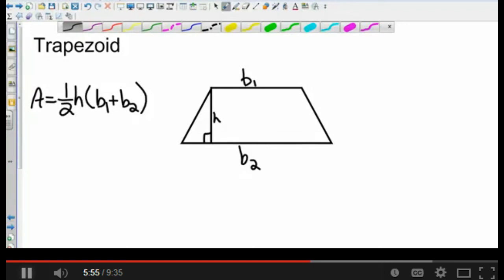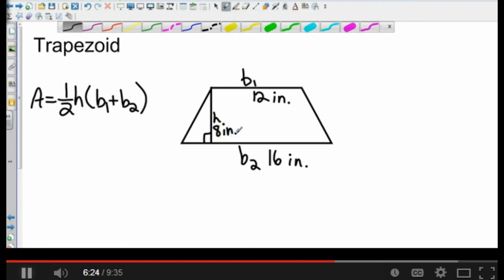Let's get into an application problem with this. Let's say that this has a base 1 of 12 and a base 2 of 16, in inches in this case, and a height of 8 inches.